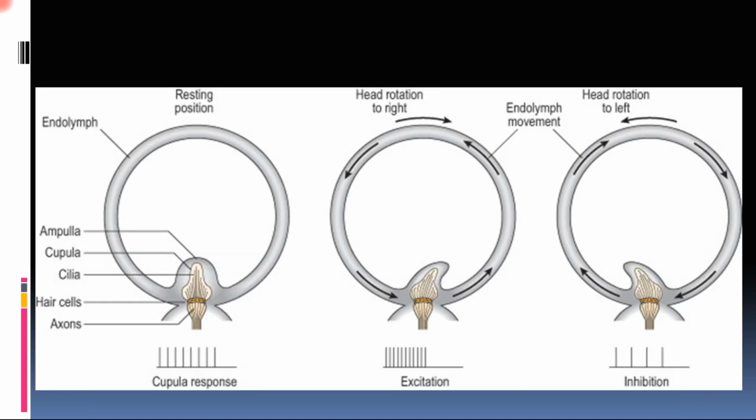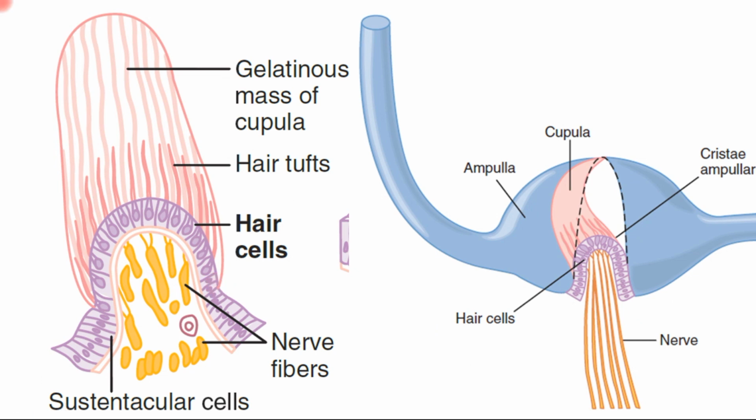Now coming to the important part: every semicircular canal has its own dilated part which is called the ampulla, and as we have studied, inside the ampulla is the sensory organ which is called the crista ampullaris. So let us first see the structure of this crista ampullaris.